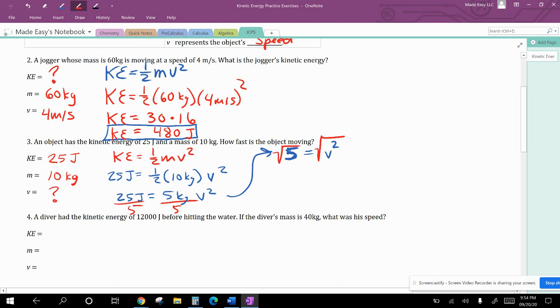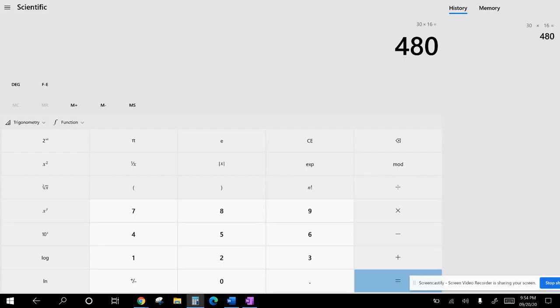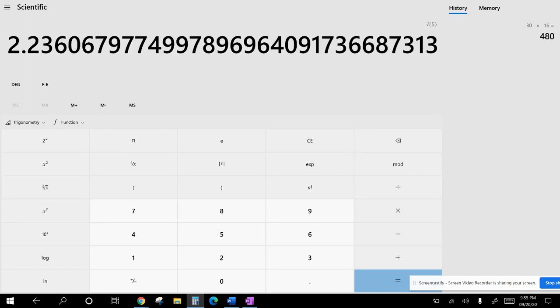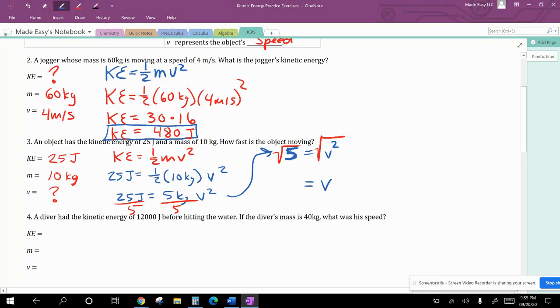And so what we'll end up with here is v equals, and let's see what the square root of 5 is. So it's not going to be a clean number. It looks like the square root of 5 is going to be about 2.2. All right, so we're just going to do 2.2 for that value.